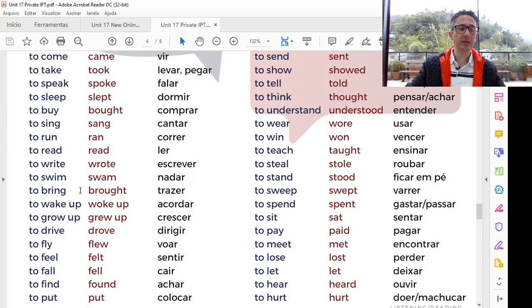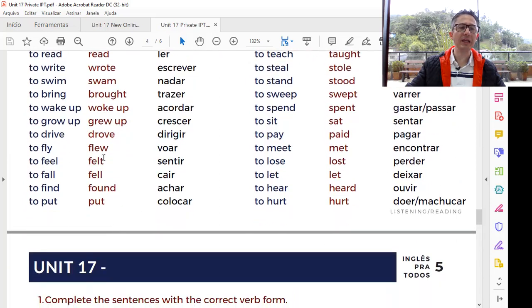To bring, brought. To wake up, woke up. To grow up, grew up. To drive, drove. To fly, flew. To feel, felt. To fall, fell.